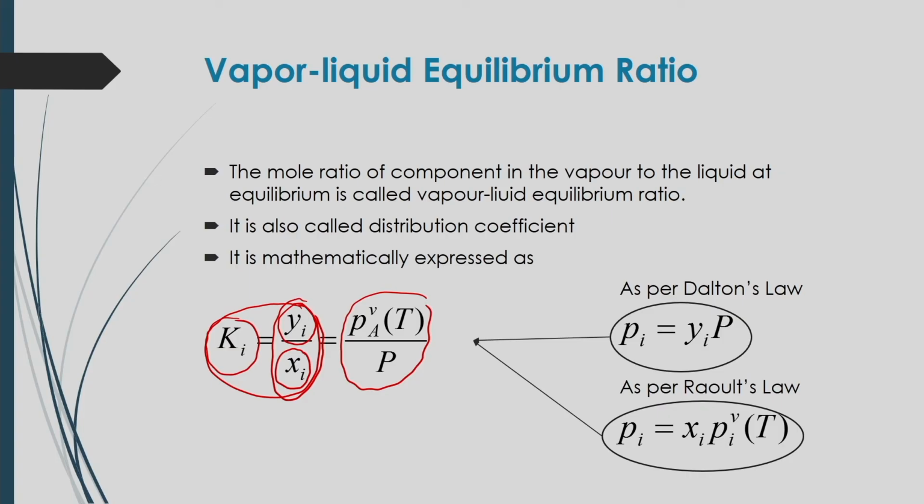As per Dalton's law, partial pressure will be equal to Yi into P, or as per Raoult's law it will be Xi into the vapor pressure of that component, that is, the mole fraction of the component into its vapor pressure. So, if we substitute here, Ki will be equal to the ratio of the vapor pressure of the component to the total pressure.